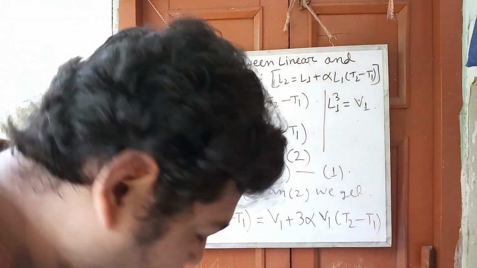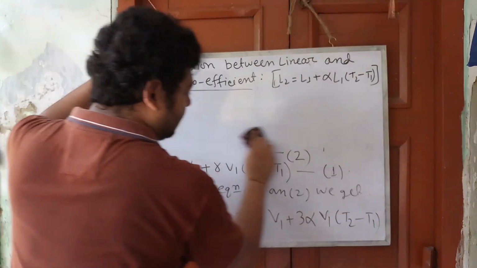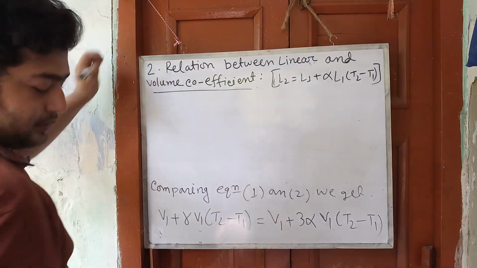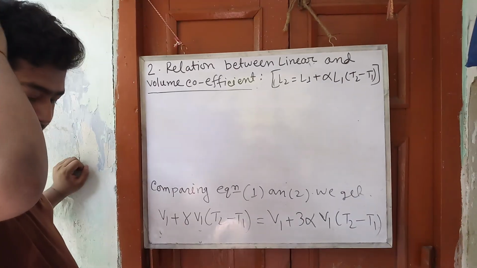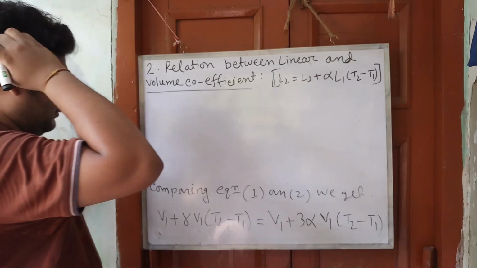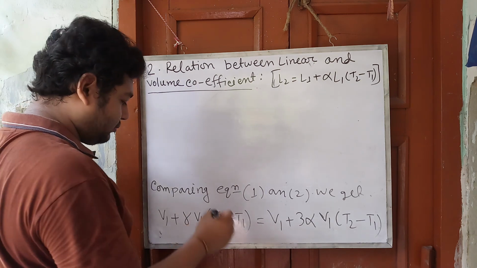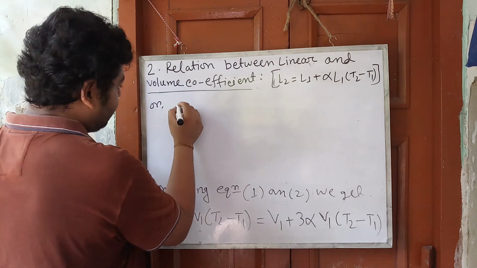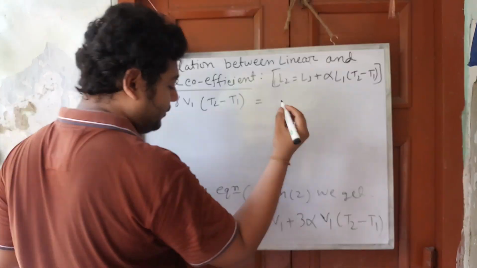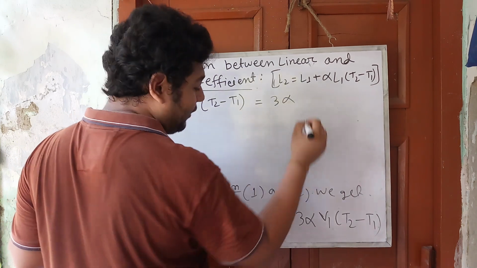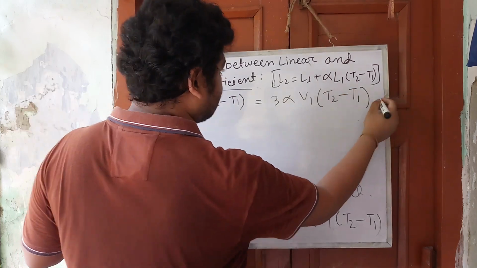So we can write gamma V1 (T2 minus T1) equal to thrice alpha V1 (T2 minus T1).